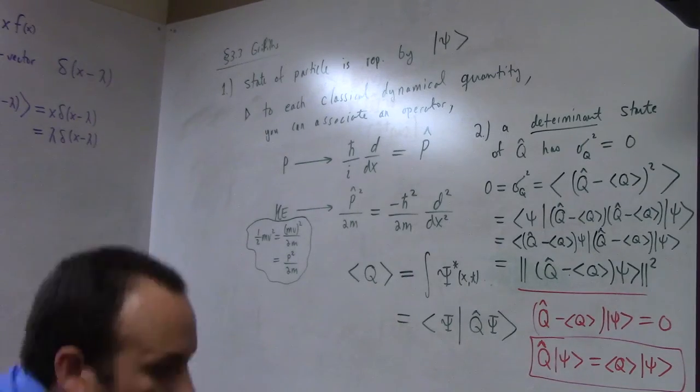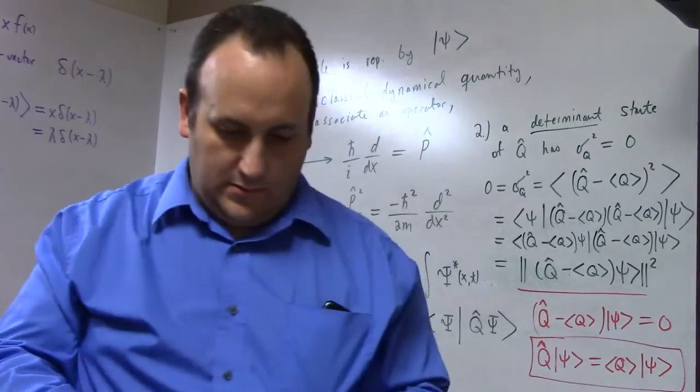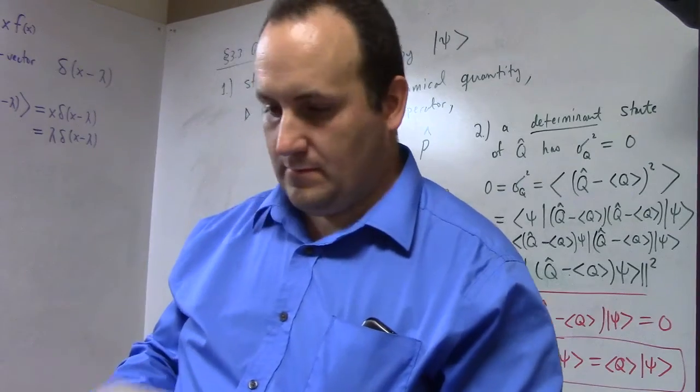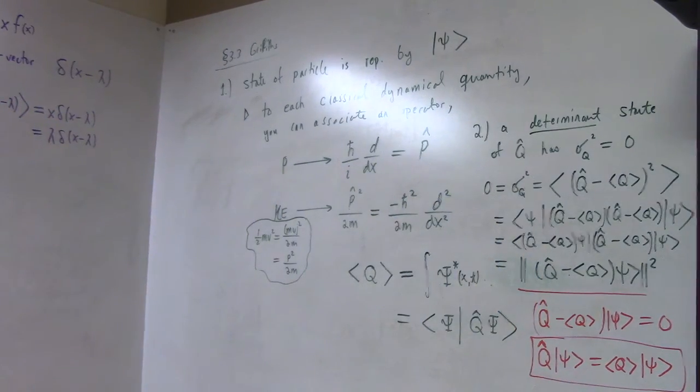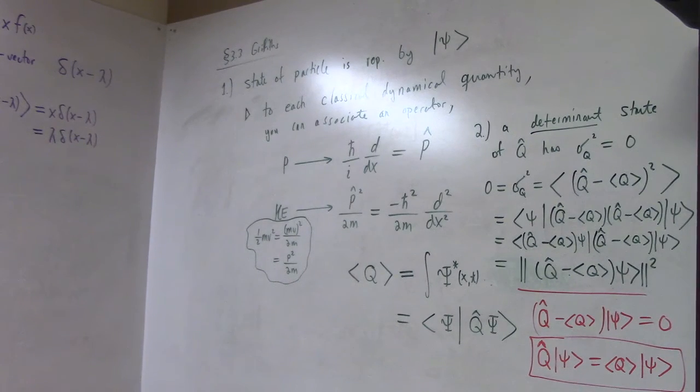So a question about not knowing anything about this: why is probability factored into quantum mechanics like this? Well, I don't know, it's basic to quantum mechanics.